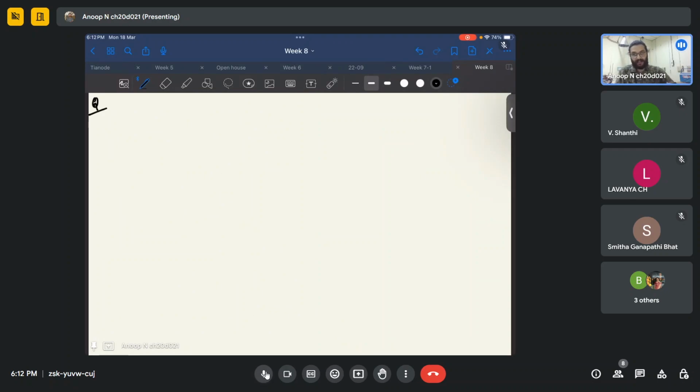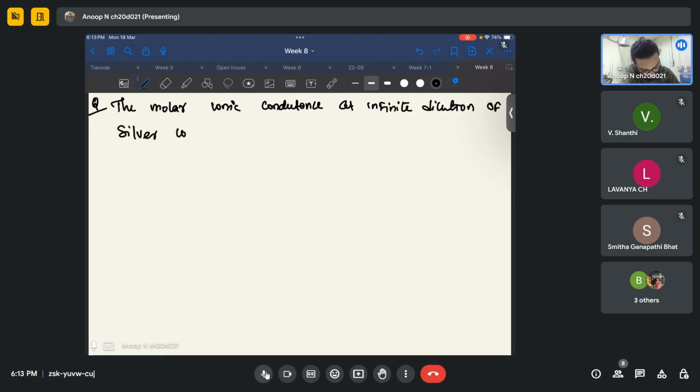So this is a concept, again the concept you have seen in weeks 5, 6, 7, etc. The molar ionic conductance at infinite dilution of the silver ion is 61.92 into 10 raised to minus 4 Siemens meter squared mole raised to minus 1 at 25 degrees centigrade.